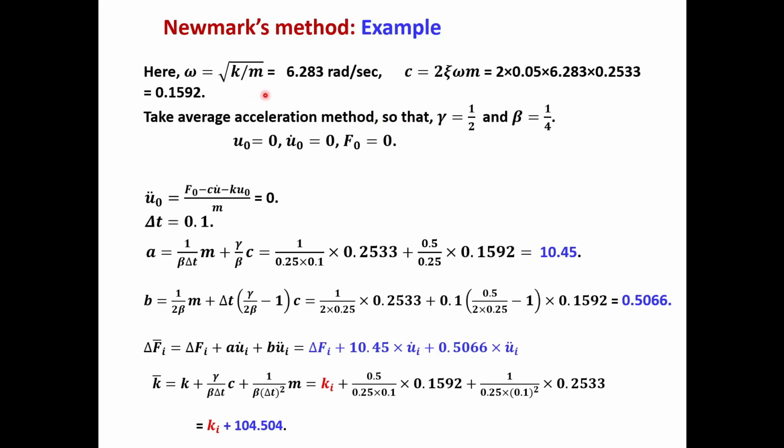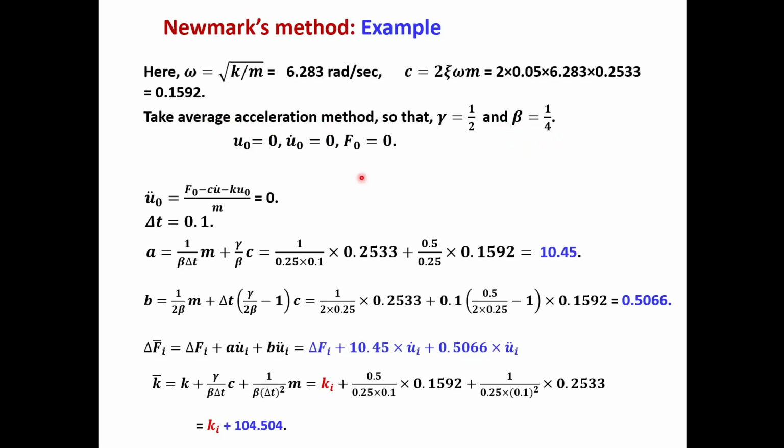We make a few initial calculations. We find omega, the square root of K by m, which can be readily calculated. C is not given, so C can be obtained from 2 xi omega m. These parameters are already available with us, so C is this much. We are considering the constant average acceleration method, so gamma equal to half and beta equal to 1/4.